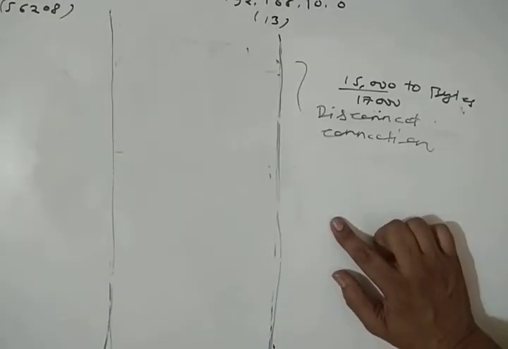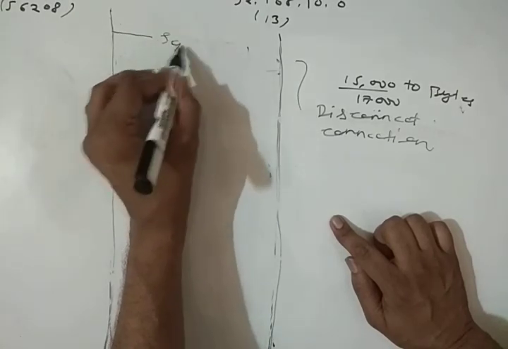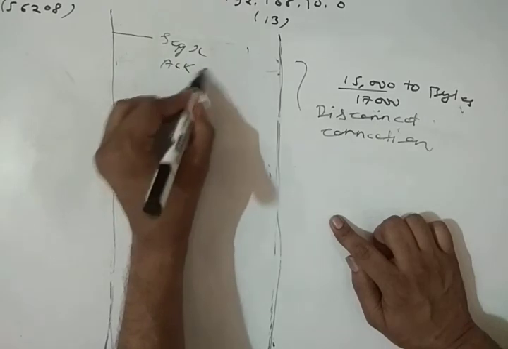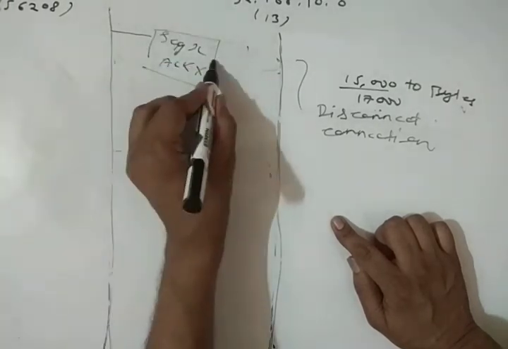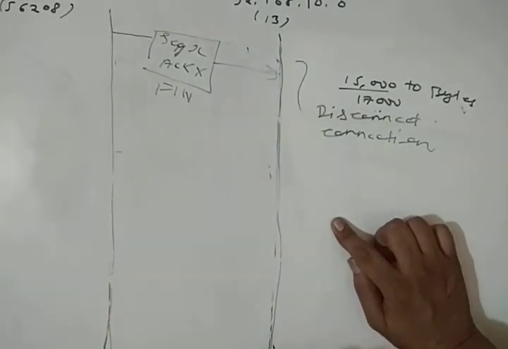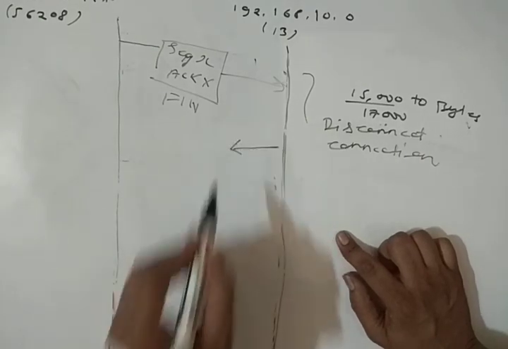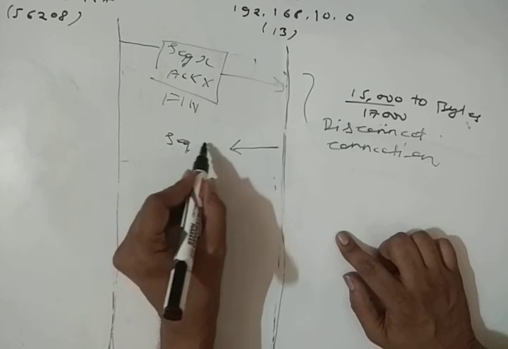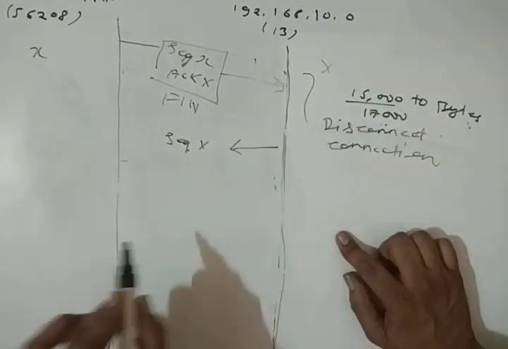Just assume the client is sending data with sequence number X and acknowledgement Y, sent to the server, known as a FIN, finish frame. Next, the server sends sequence number Y.